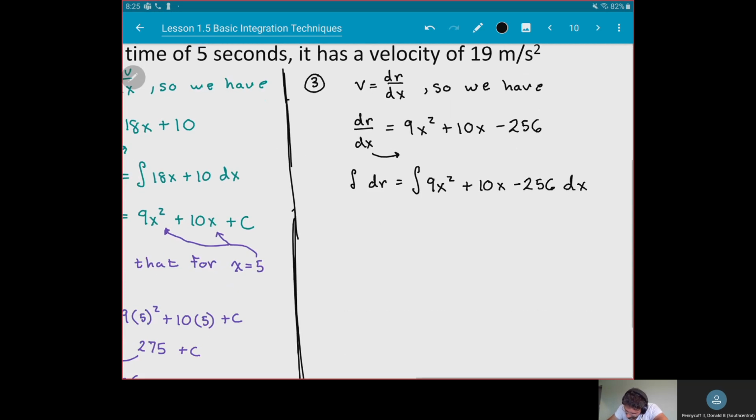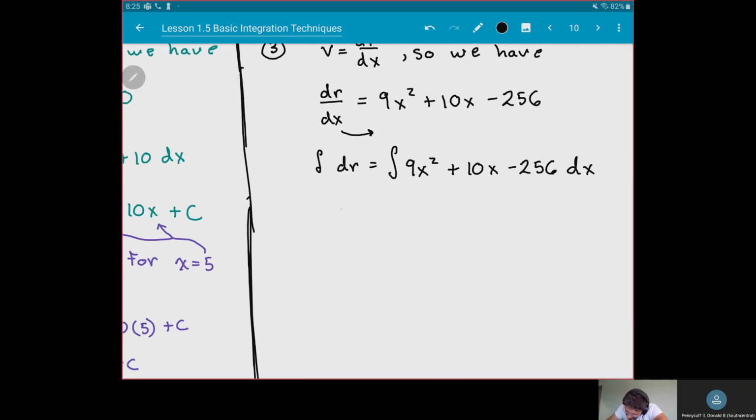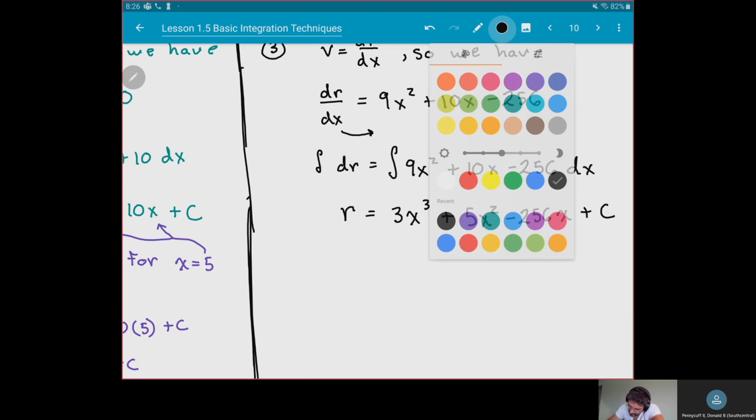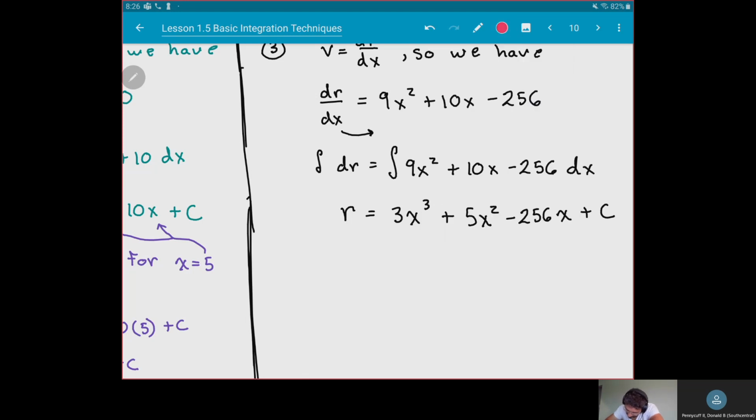So that's going to give me r equals 3x cubed plus 5x squared minus 256x plus c. Okay, so there's my position. And then in step 4, I've not used red yet. Let's go with red.